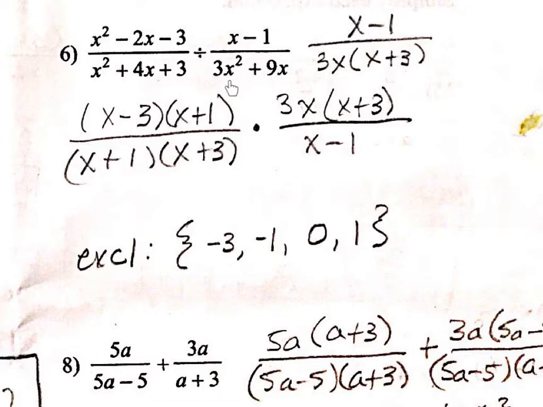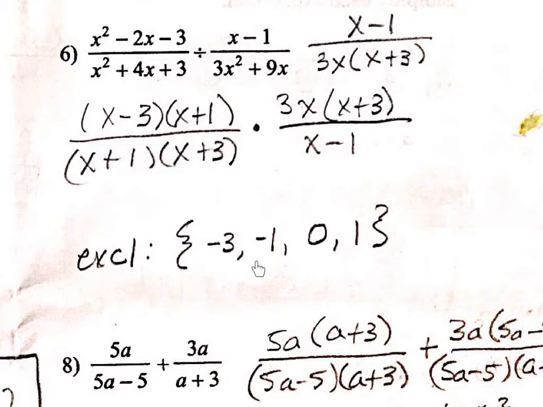So you want to make sure you factor that first. So we factor out a 3x and we get 3x times x plus 3. And that right there tells us that 0 is going to be one of the values that we need to exclude, and then -3 also.